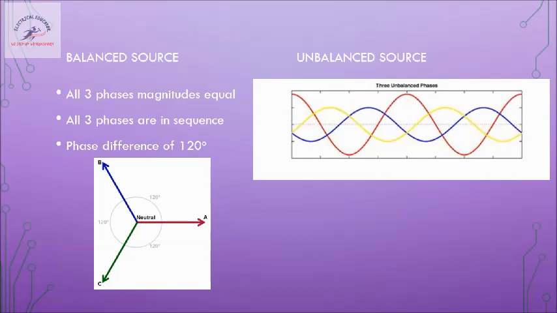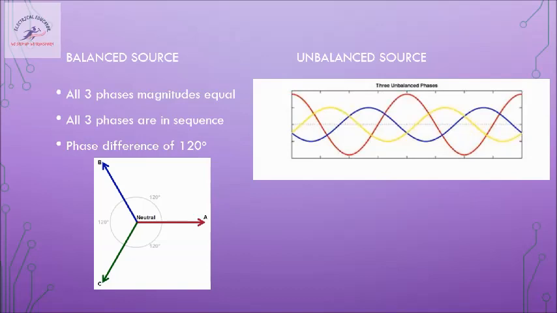Now, how do we analyze these unbalanced waveforms? To draw a phasor diagram of this unbalanced waveform, and then have an equation for it, is very difficult for us because we know that in a balanced source, we represent it by Vm sin omega t, Vm sin(omega t minus 120), Vm sin(omega t minus 240) or plus 120.